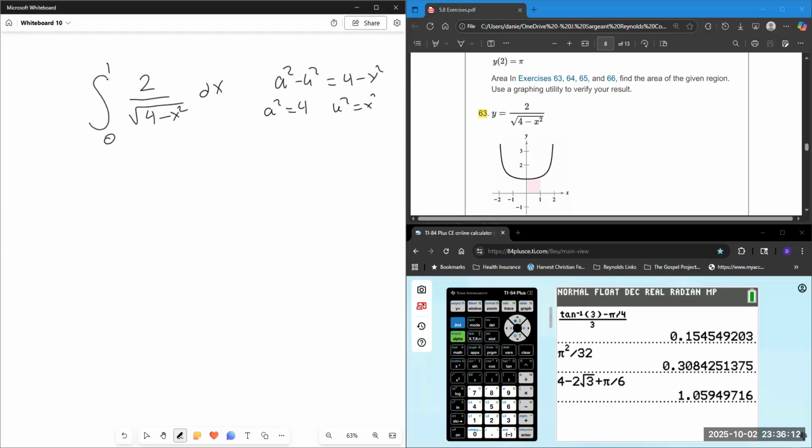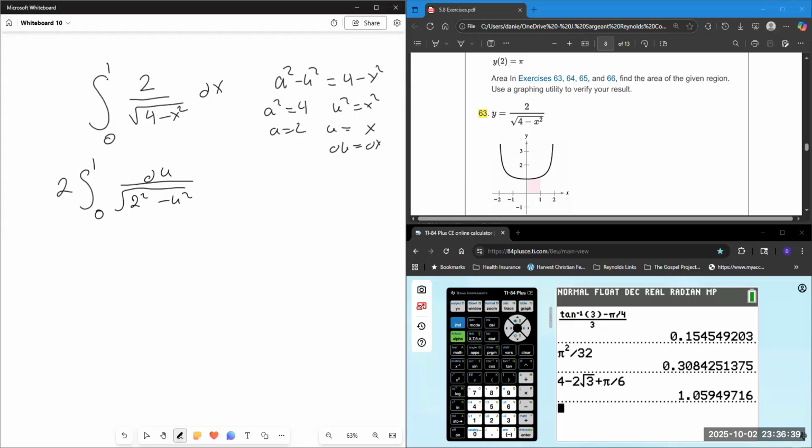U squared is x squared, a is 2, u is x, du is dx. So 2 integral 0 to 1 of 1 over root 2 squared minus u squared du. I need to change my limits here, oh, I don't need to change my limits because u is equal to x.